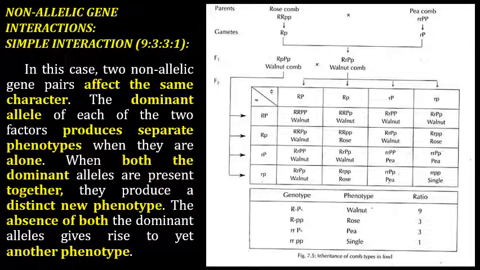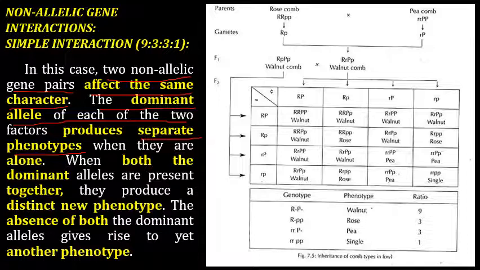So you can see that the two non-allelic gene pairs affect the same character. The dominant allele of each of the two produces a separate phenotype. Here the dominants from the rose comb and pea comb together show the walnut comb in the F1 generation.